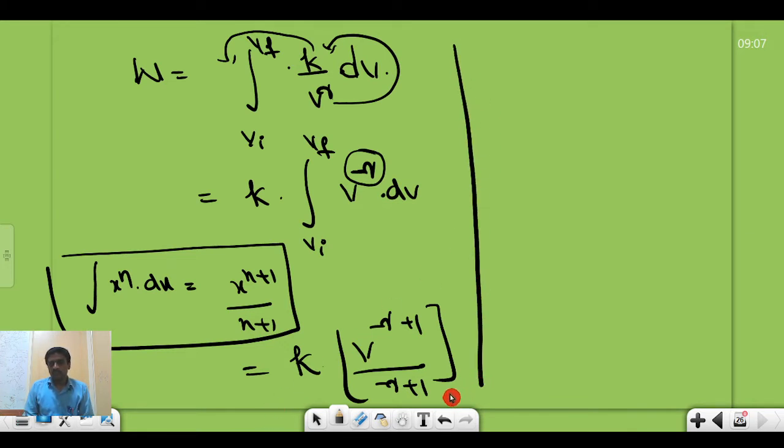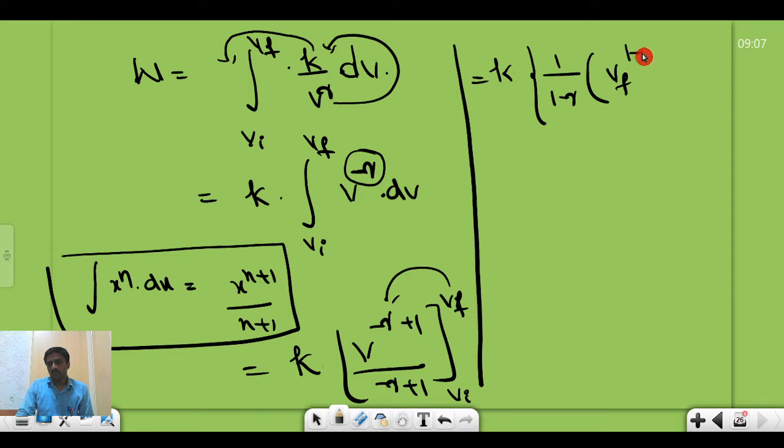Now the limits must be applied: the lower limit is Vi and the upper limit is Vf. Substituting the limits, we get k divided by (1-γ), times the bracket: Vf^(1-γ) minus Vi^(1-γ). This is the value we have.